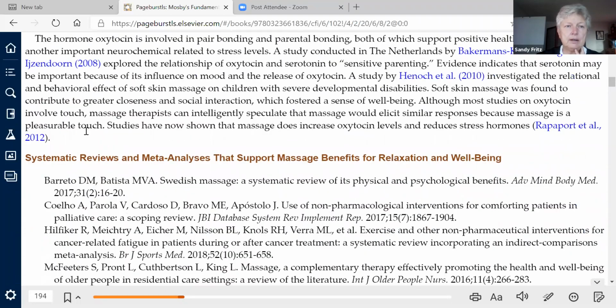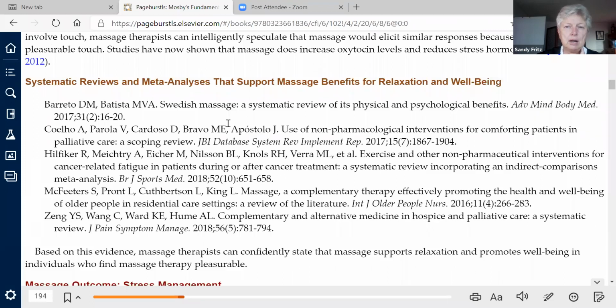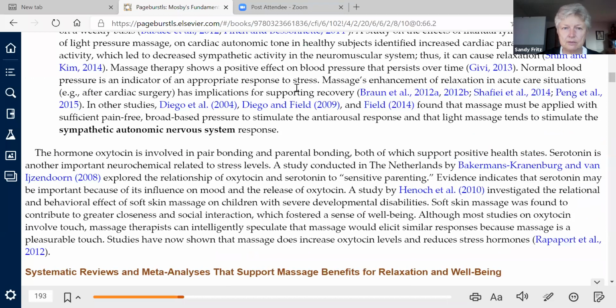And at the very end of that little section, here are the systematic reviews and meta-analyses that I was able to use. But there are also, at the end of the chapter in the reference list, individual references that I used that were clinical trials or something like that.